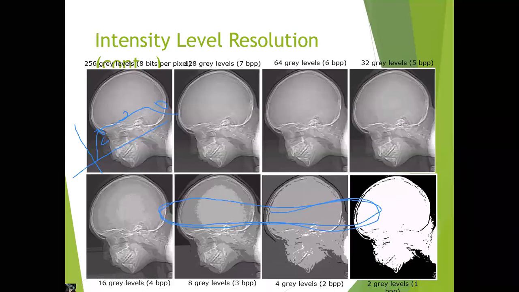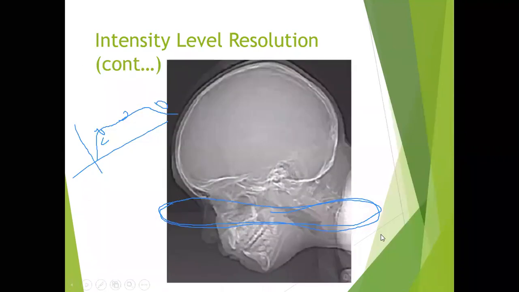BPP means bits per pixel. If we use only 1 bit per pixel, then we have only either black or white, only 2 levels will be there. That means in most cases we can see only the boundary part. So that's why black and white is used even for boundary extraction sometimes.